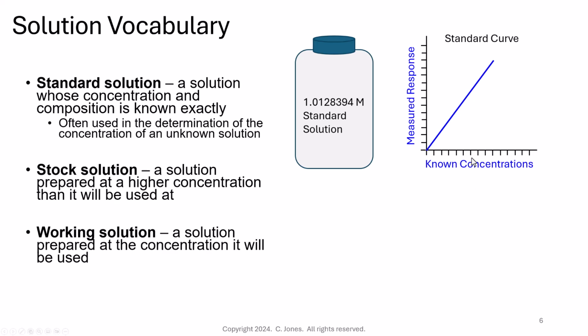And so remember that what we are changing, which in this case is the concentration of the standard solution, what you change, you plot on the x-axis, and what you measure or read, you plot on the y-axis. And oftentimes we design our standard curve so that it is a straight line. Because remember, the slope of a straight line is constant.